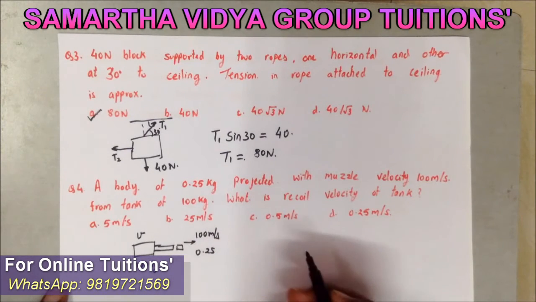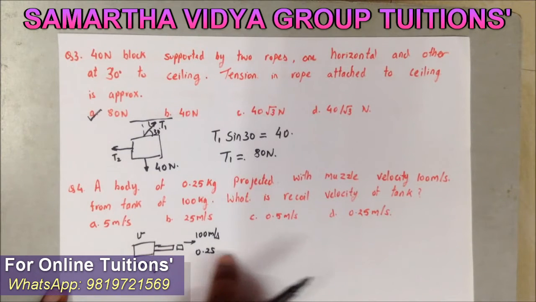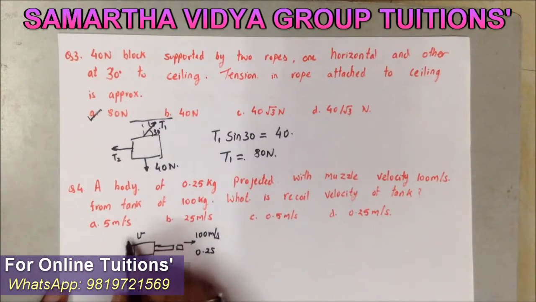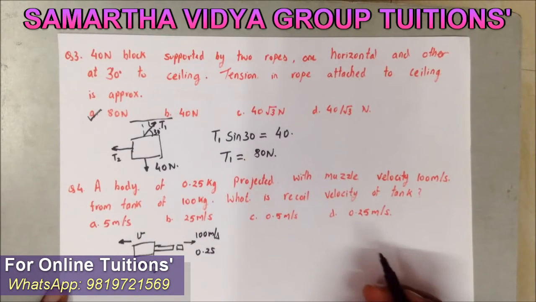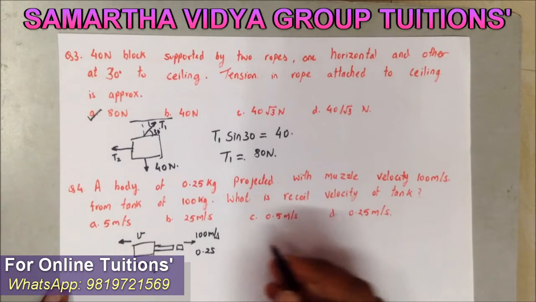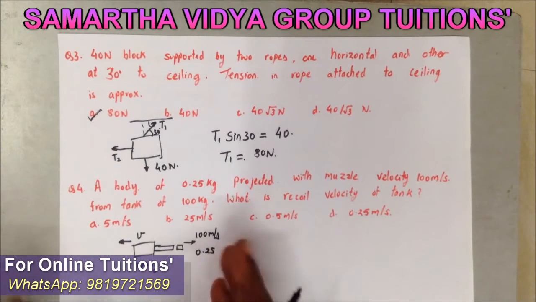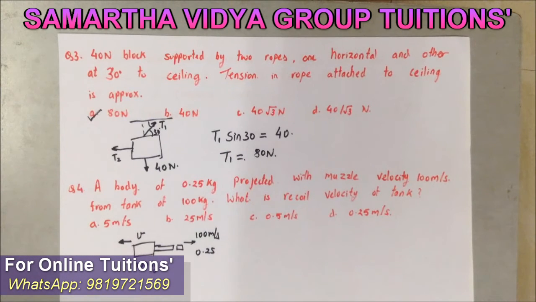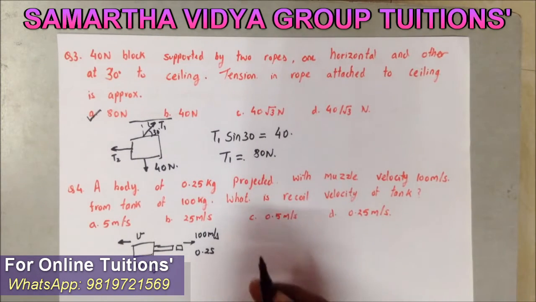It's of 100 kg and I need to find the velocity v. So obviously, by conservation of momentum, since this is going to go in the forward direction, this velocity will be going in the reverse direction. Initially, when these two were together, the momentum of them we can consider as 0. So that 0 will be equal to the momentum finally.